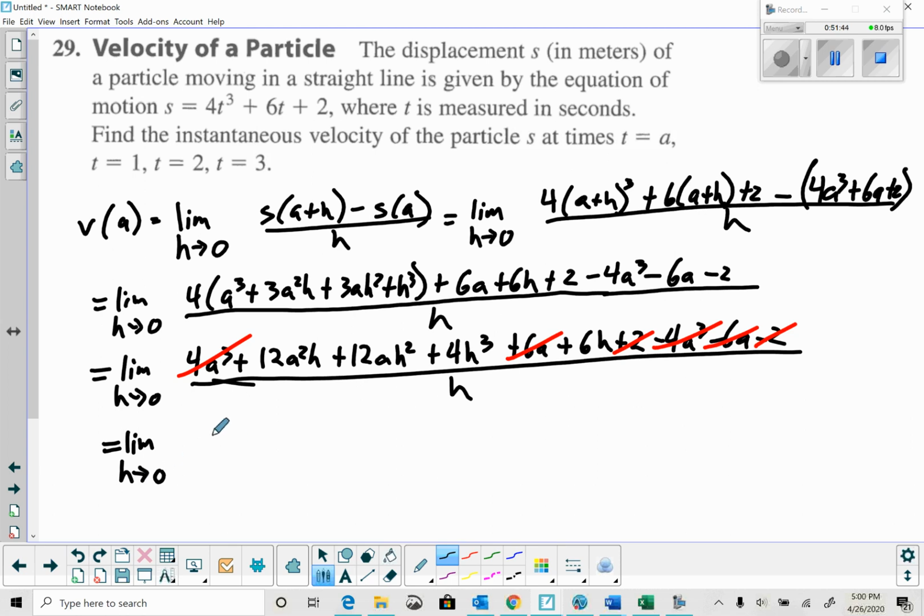So this now gives me 12a squared h plus 12a h squared plus 4h cubed plus 6h. Again, don't lose that guy over there. h is a factor.